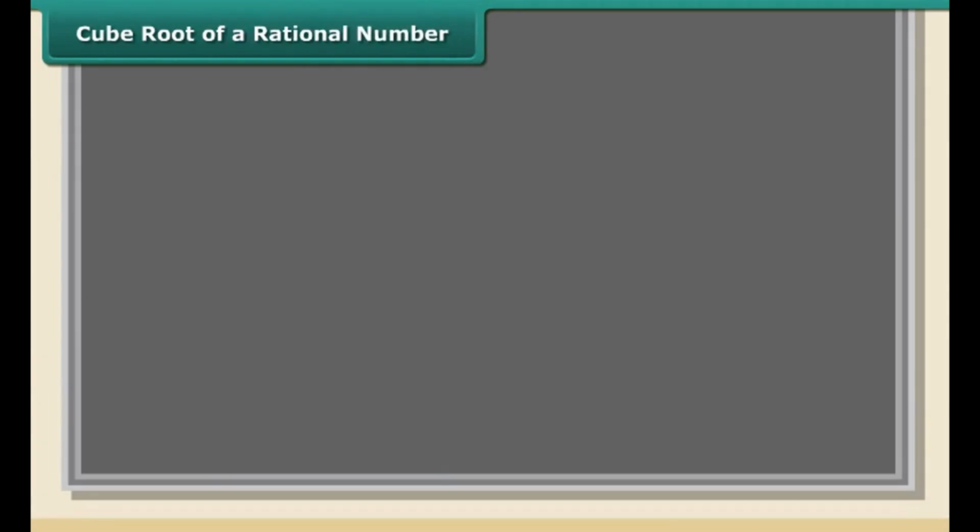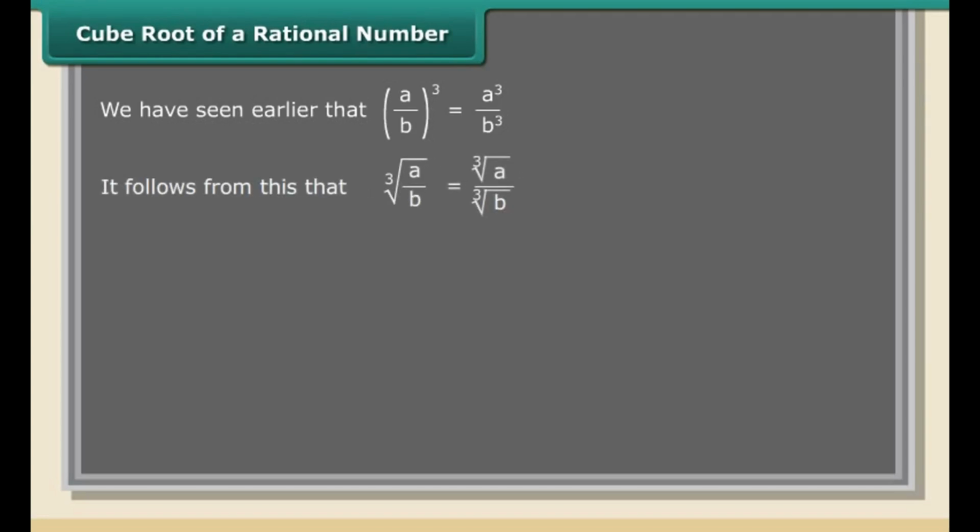Cube root of a rational number. We have seen earlier that A upon B whole cube is equal to A cube upon B cube. It follows from this that cube root of A upon B is equal to cube root A upon cube root B. Example, find the cube root of 729 upon 1331. Solution.